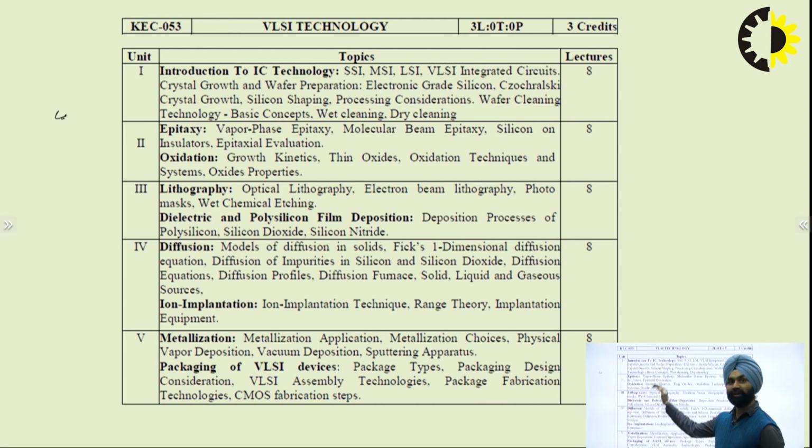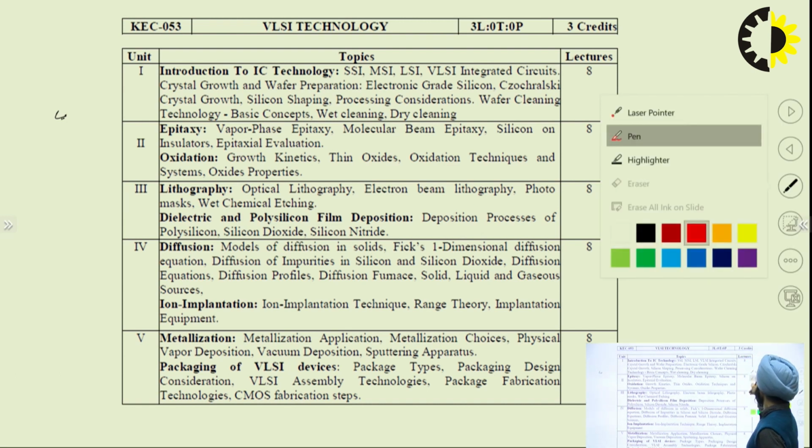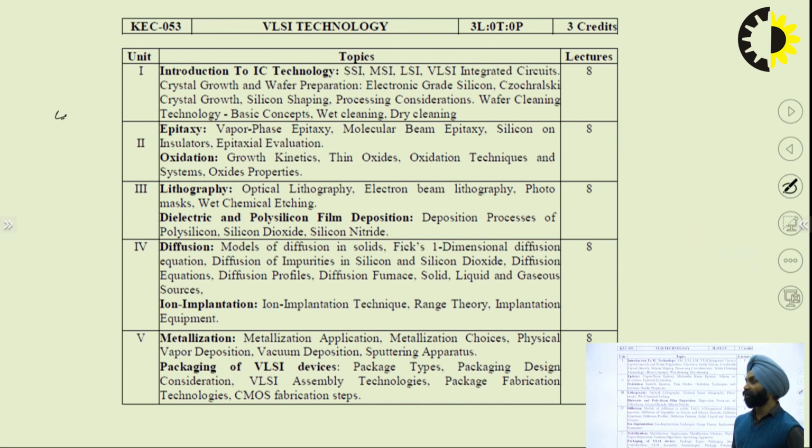In the metallization, we have solved all the other steps for the preparation of the wafer. In the preparation of an IC, we have first of all prepared the wafer. For the wafer preparation, we have prepared EGS, then ingot, and from there we got the wafers.